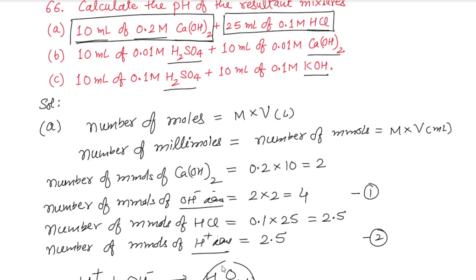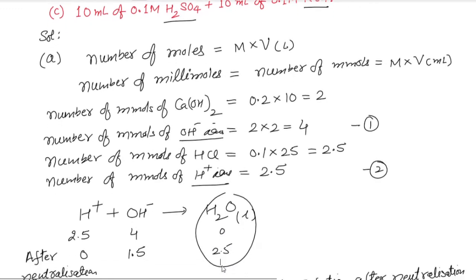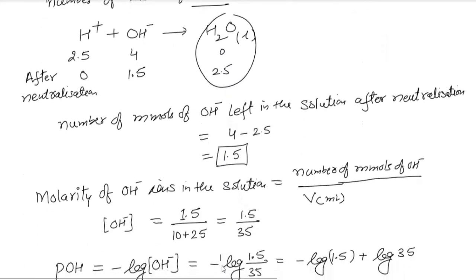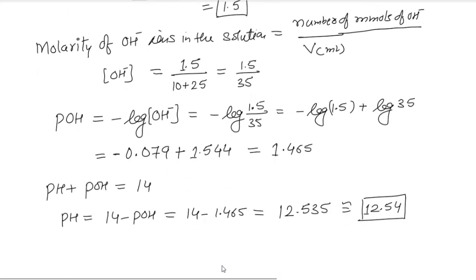So we calculate the concentration of OH negative ions, then pOH is negative log of the OH negative ion concentration, and then we calculate pH by using the formula pH plus pOH is 14. That's it. In this way you can solve B and C parts.